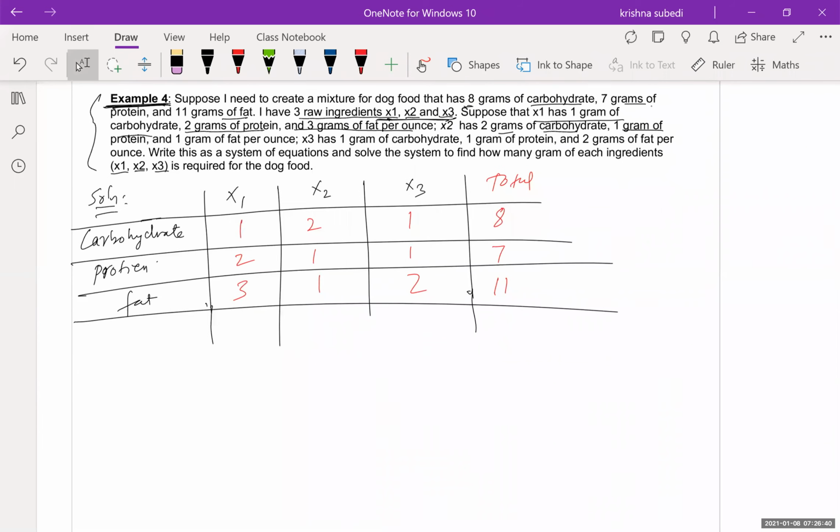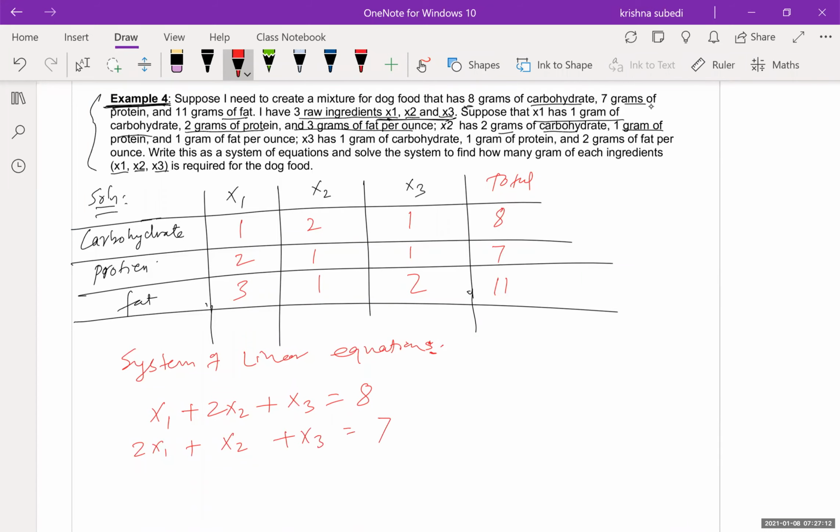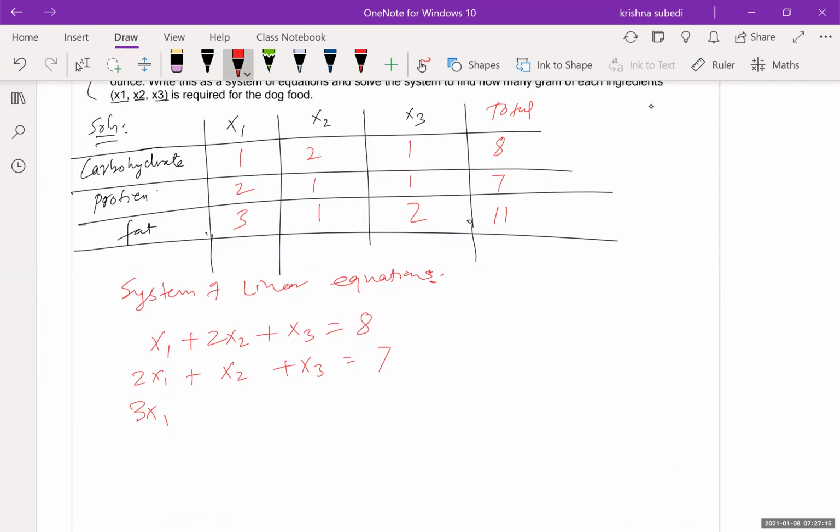Once you write this in a systematic way, now you have the equations. So the system of linear equations becomes x1 plus 2x2 plus x3 equals 8, 2x1 plus x2 plus x3 equals 7, and 3x1 plus x2 plus 2x3 equals 11.